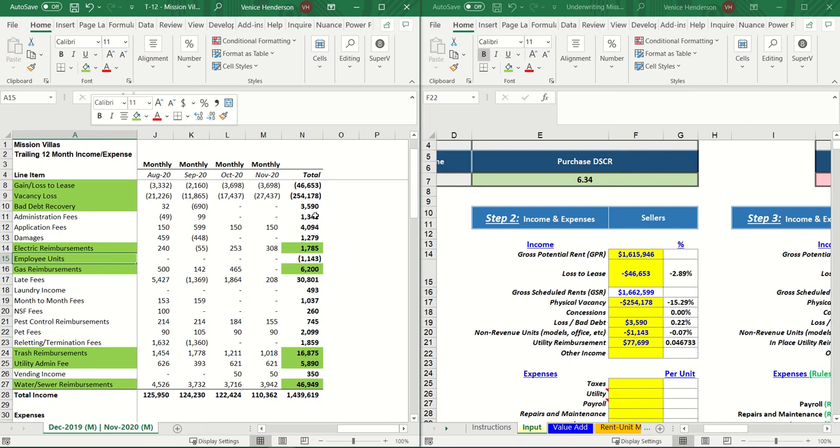The vending machine only brings in $350 a year. I find that hard to believe. Seriously, I do. All right, so at this point, I am going to just go on through and collect everything else and populate that into my other field. So that's going to be total other income for $44,358.